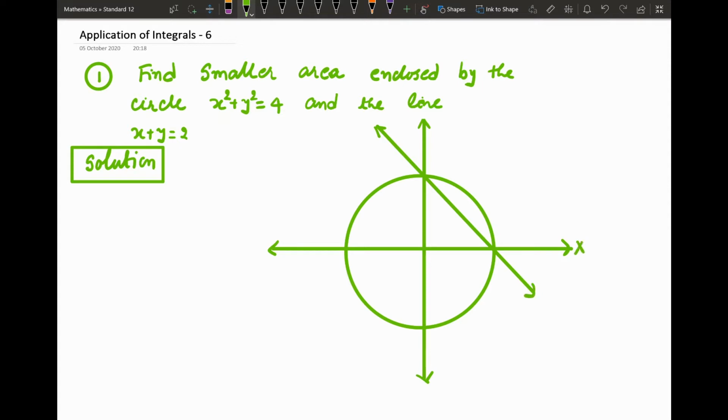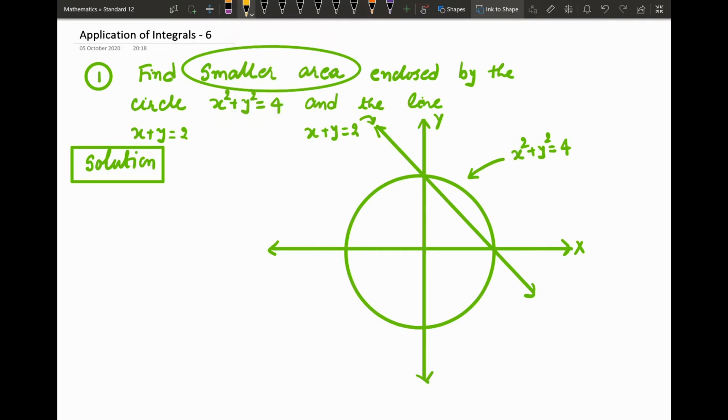So this is the x axis, y axis, this is the line x plus y equal to 2, and this is the circle x square plus y square equal to 4, and we have to find the smaller area.